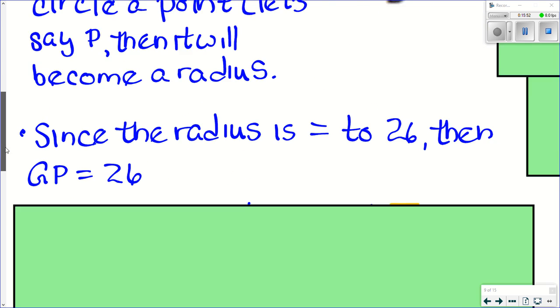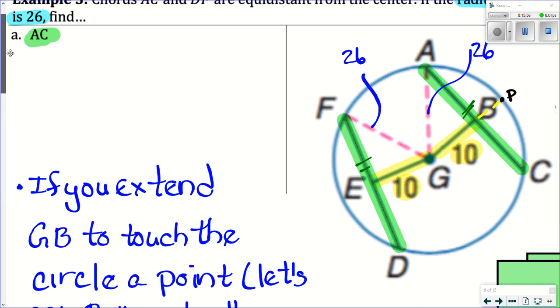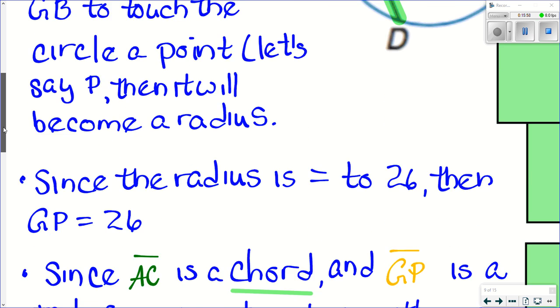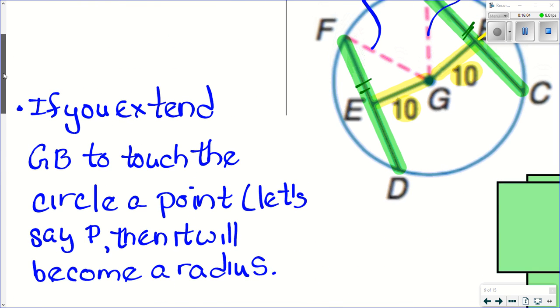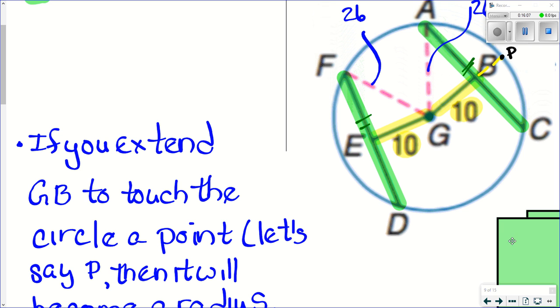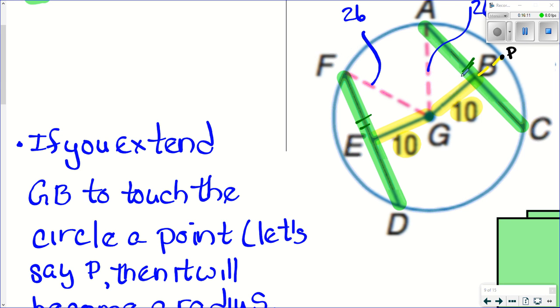Alright, so next one. Since AC is a chord, and GP is a radius, according to the theorem, they are perpendicular. So then I'm going to do the little perpendicular mark right here to show that GP and AC are perpendicular to each other.